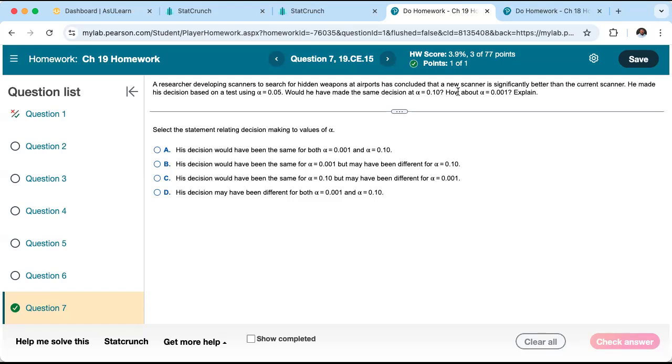Now, the question is, would he have made the same decision at this level and at this level? If he rejected at 0.05, he's definitely going to reject at 0.1. Does that make sense? Because let's say we know the p-value to be less than 0.05.